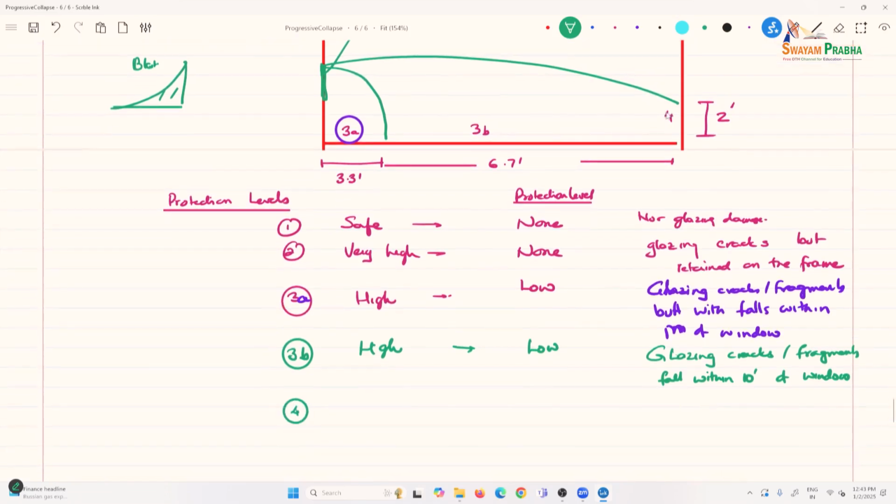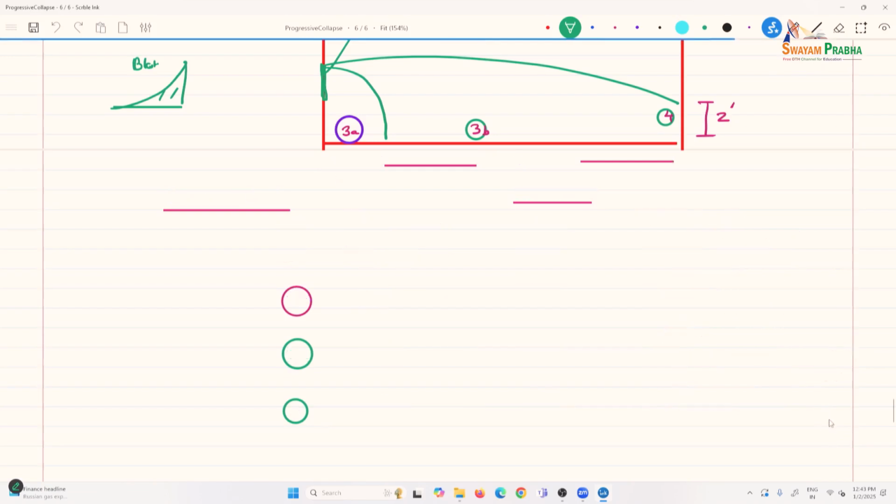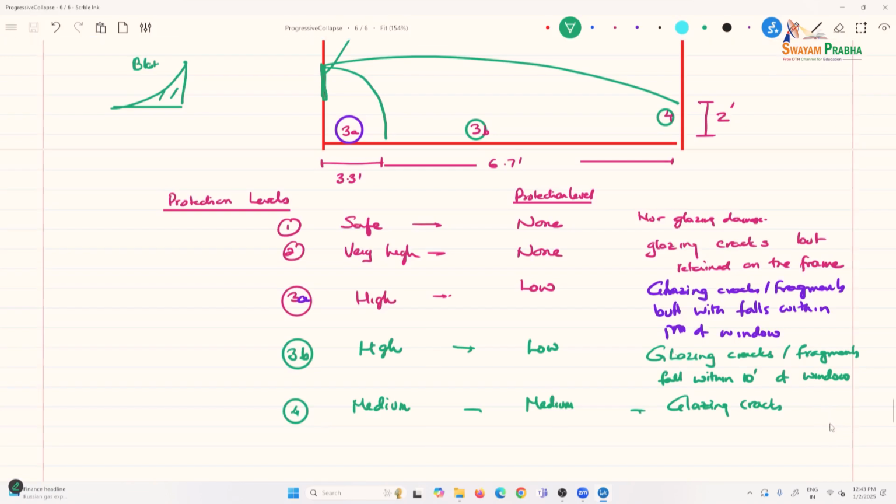Fourth, these are all protection levels. Medium, the protection level is medium. Now glazing cracks but falls, so this is 3, I should say 4.